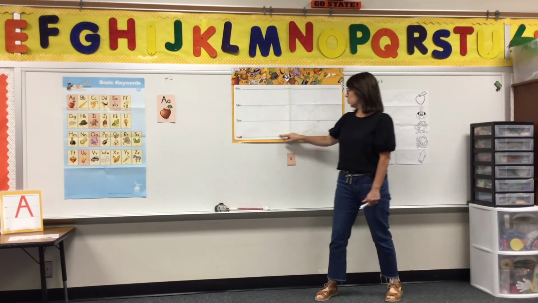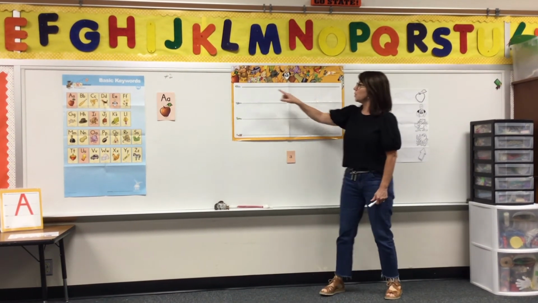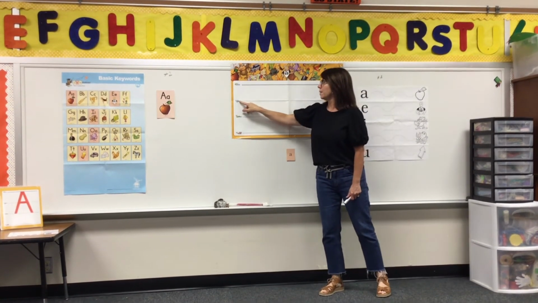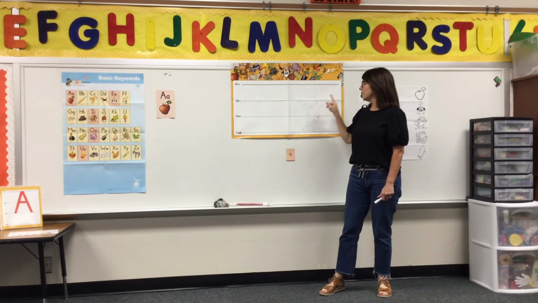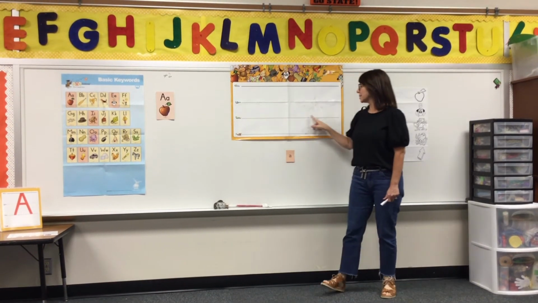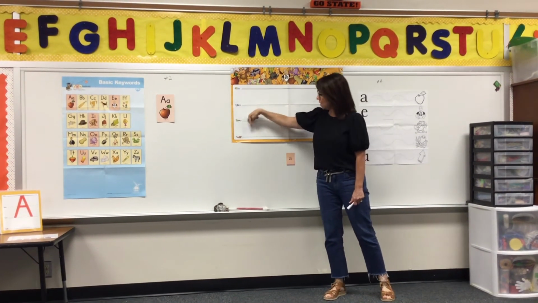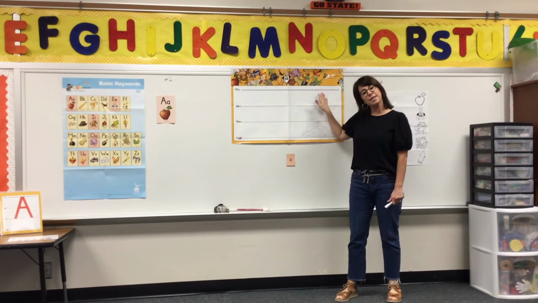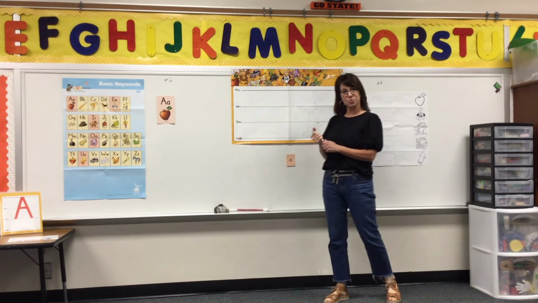And we call this the worm line. So we have the skyline, the plane line, the grass line, and underneath we have the worm line. And you're going to find out why we call them this. This is going to help us write our letters.